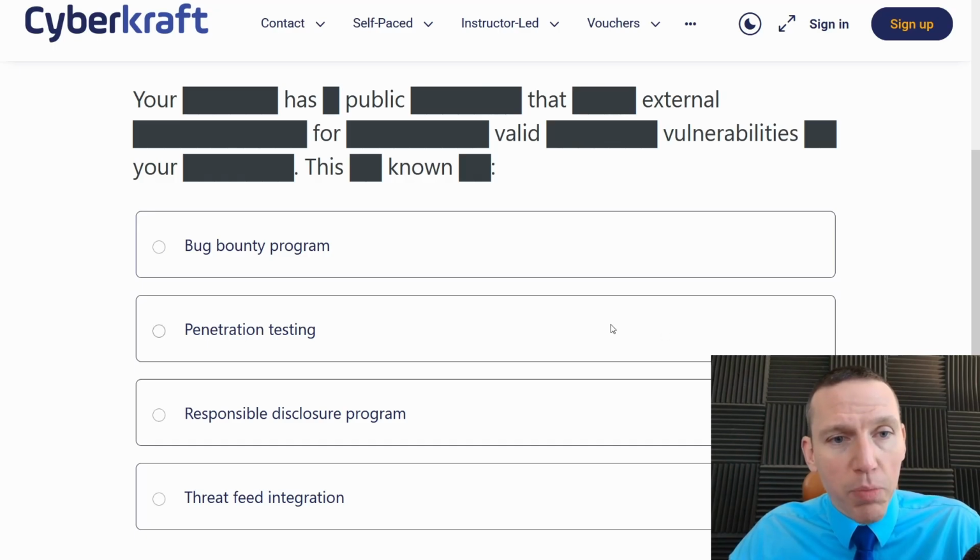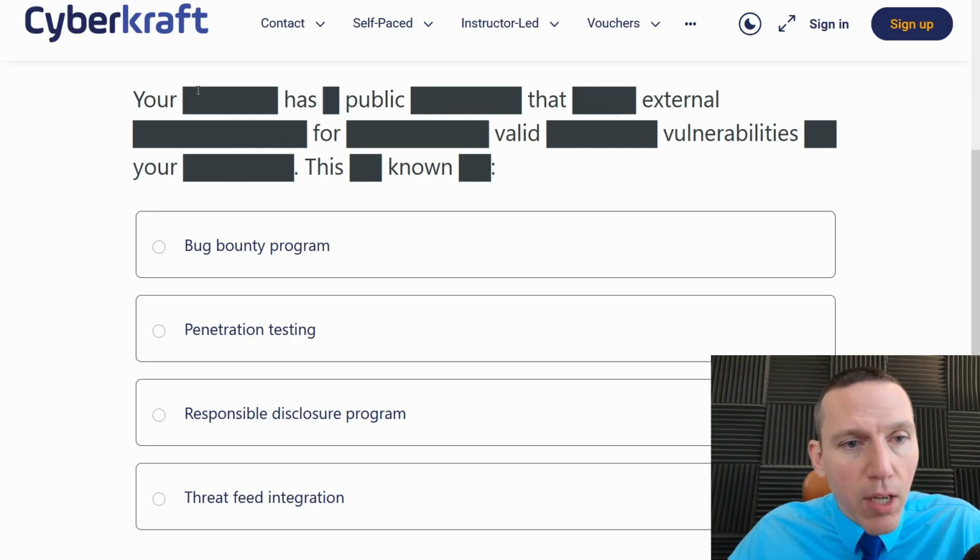Okay. Your blank has a public blank that blank external blank for blank valid blank vulnerabilities blank to your blank. This is known as, that's what I think that probably means. Your bug bounty program, penetration testing, responsible disclosure program, threat feeding integration.